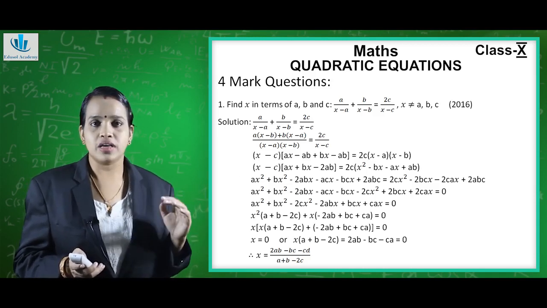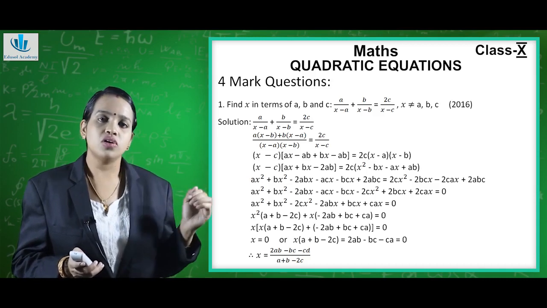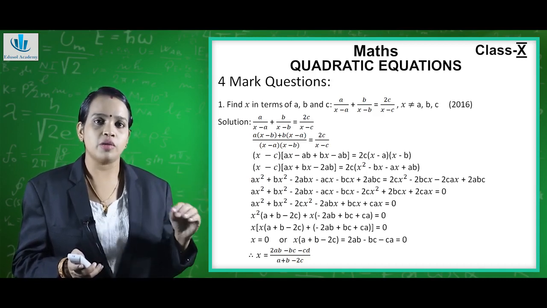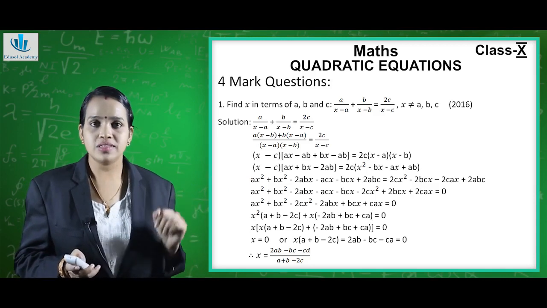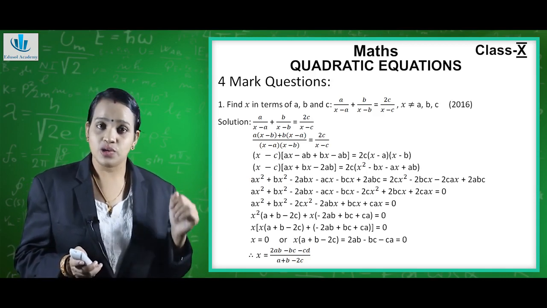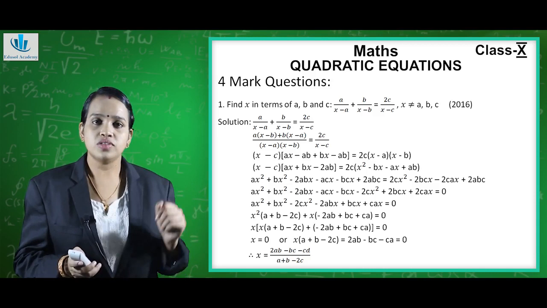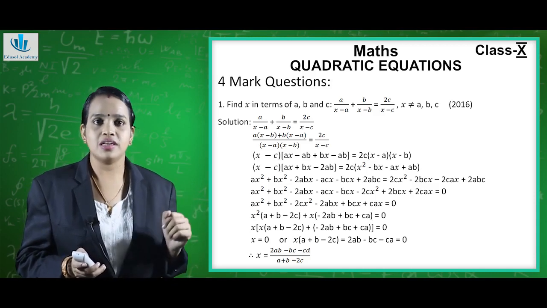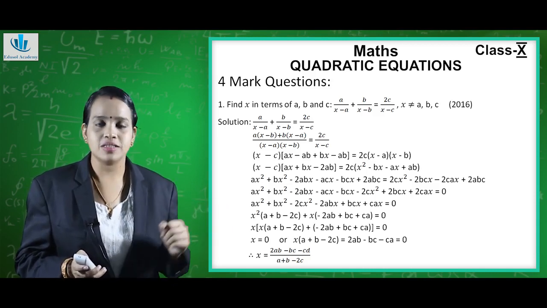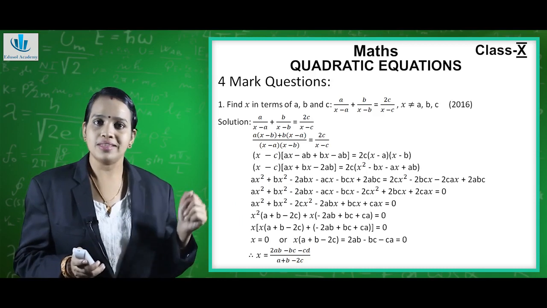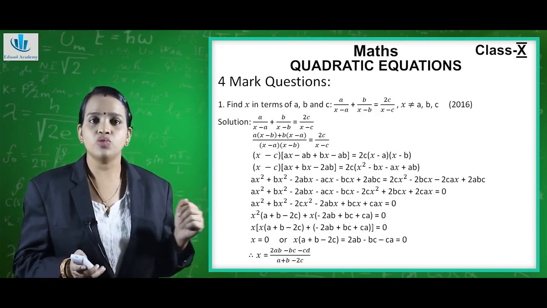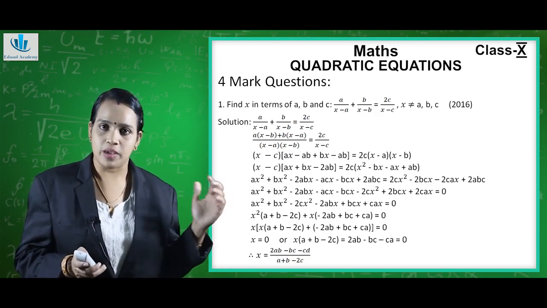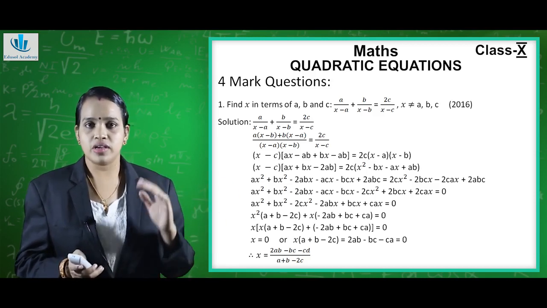Now on the right hand side we have to solve, so equal to, here we have to multiply 2c with the bracket, so it gives 2c into x raised to 2, it is 2cx raised to 2, 2c into minus bx gives minus 2bcx, 2c into minus ax gives minus 2acx, 2c into ab gives plus 2abc. Again we can solve here.